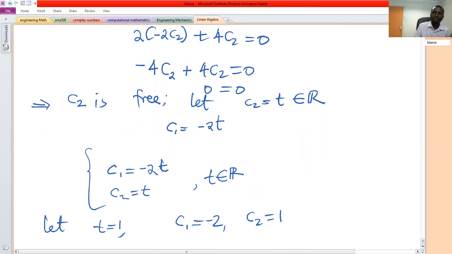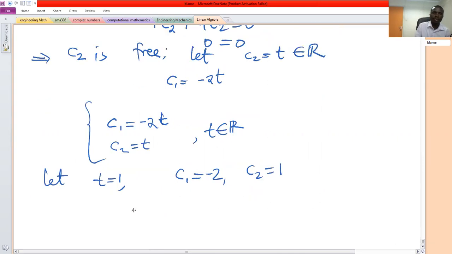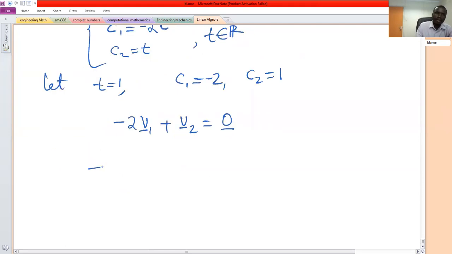So that we'll have minus 2 V1 plus V2 giving us a 0 vector. So we can write minus 2 times V1, which was (1, 2), plus 1 times V2, which is (2, 4), and this is (0, 0).